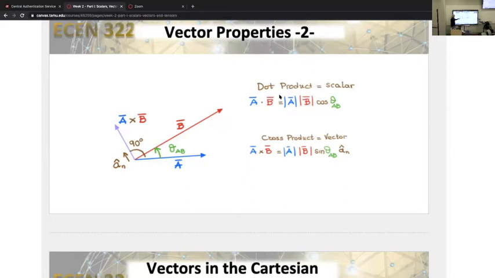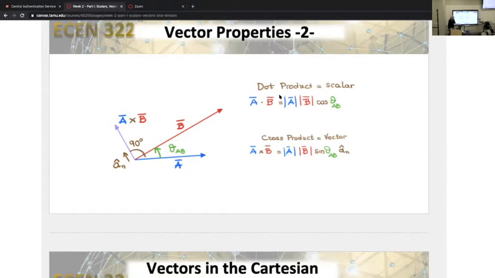This one is a different angle that shows that A dot B is a scalar, but A cross B is a vector. And this vector, in addition to having a magnitude that is controlled by this angle, has a direction that is always perpendicular to the plane that is defined by the two vectors.